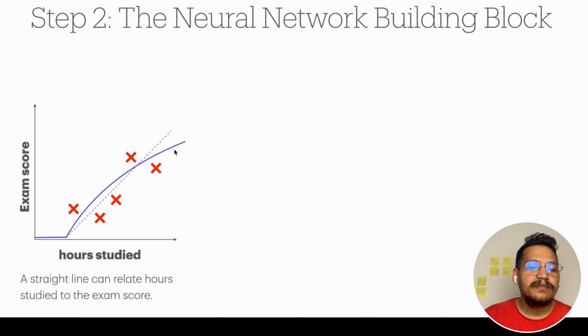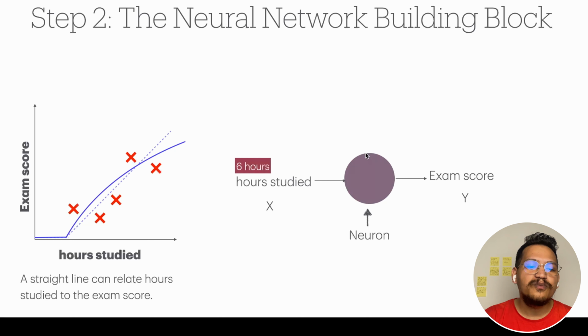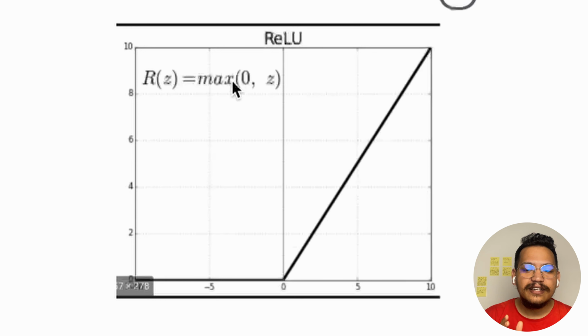This function can be implemented as a single neuron in a neural network. The input here is hours studied, which we call X. The output is the predicted exam score, which we will call Y. The neuron processes X with a simple mathematical function like a linear equation and ensures the output doesn't go below 0 with something called a ReLU function, which stands for rectified linear unit.